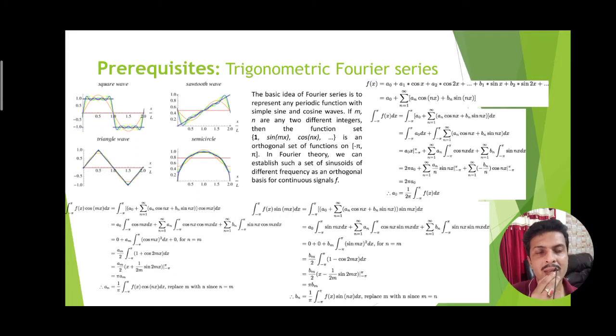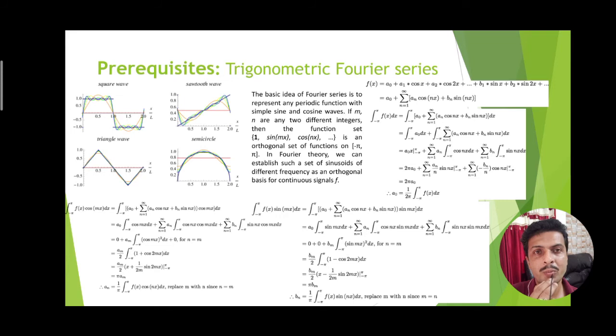Now, what does it tell? We know there are several types of practical signals, such as a square wave, a sawtooth, a triangular wave, or a semicircular wave. But all these signals are not pure signals; it is the nature of the signal that has been extracted by a system.